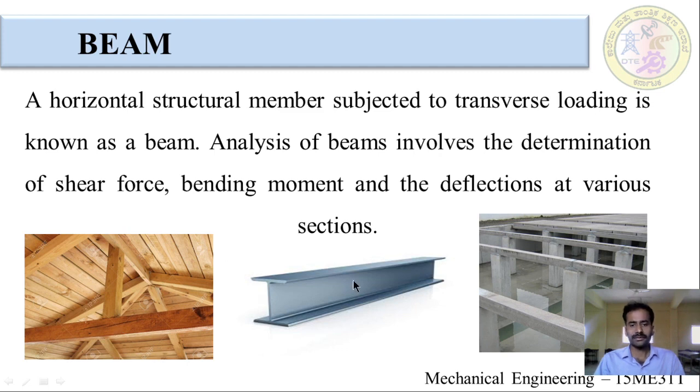And further we have a metal beam, that may be a steel beam or any metal. These are used extensively in industries, for constructing towers, etc. And also we have RCC beams, steel reinforced concrete beams.